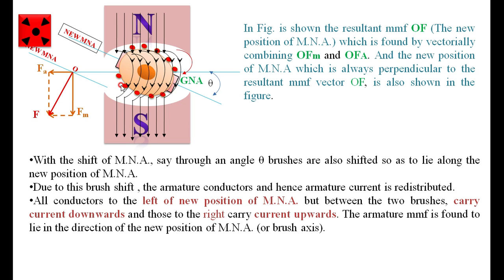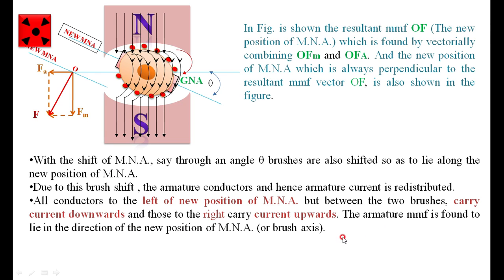However, those to the right carry the current upwards. The conductors along this side are carrying the current in the upward direction, and these conductors are carrying the current in the downward direction.